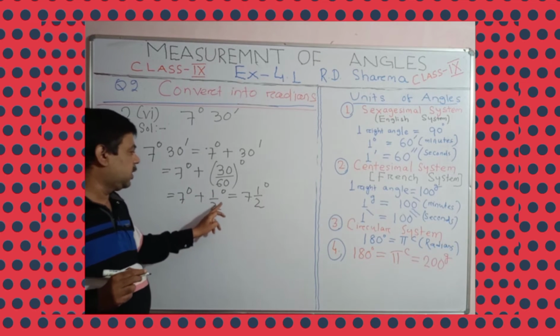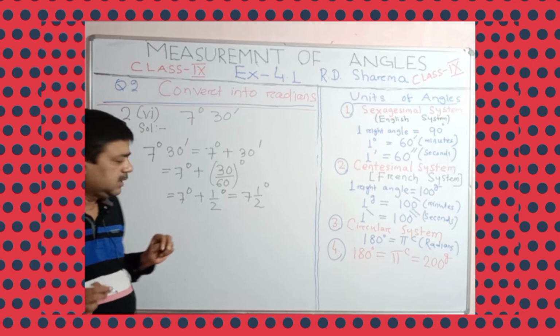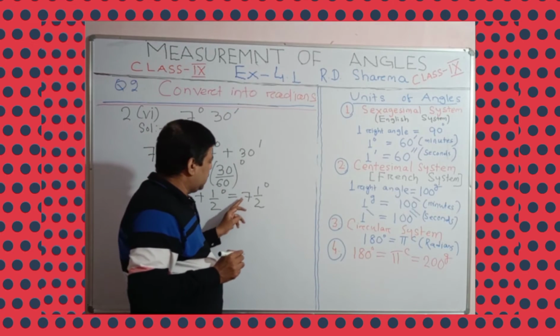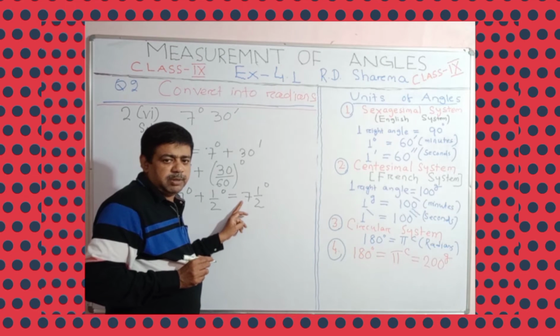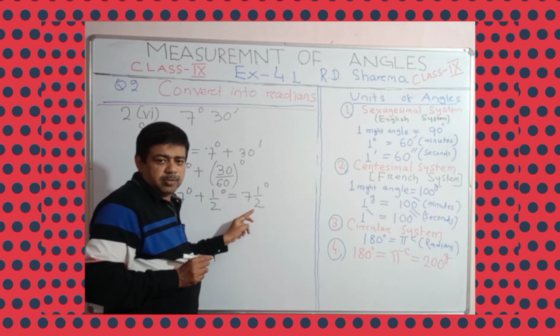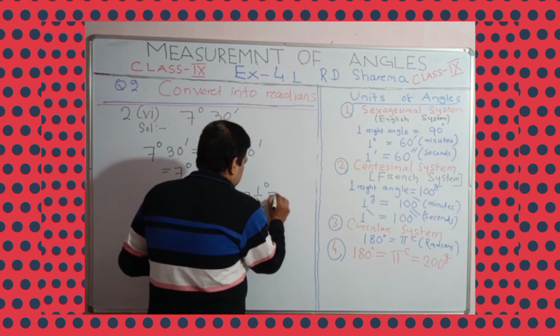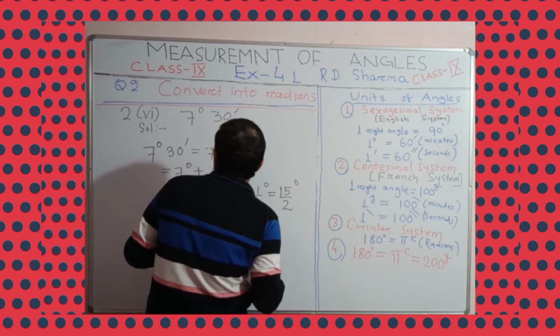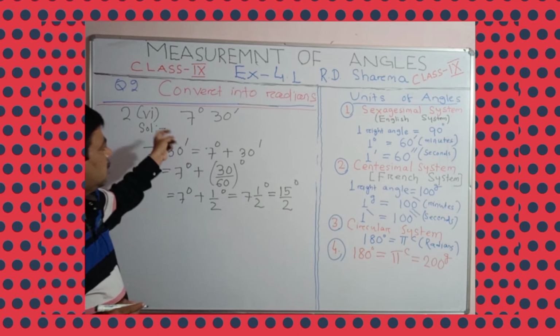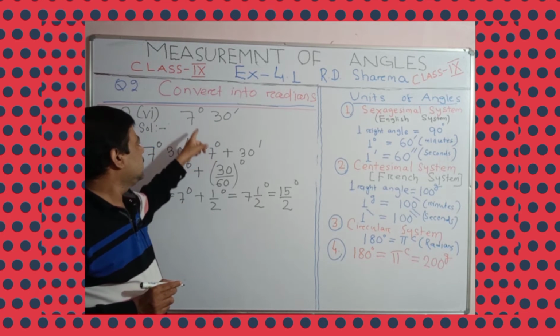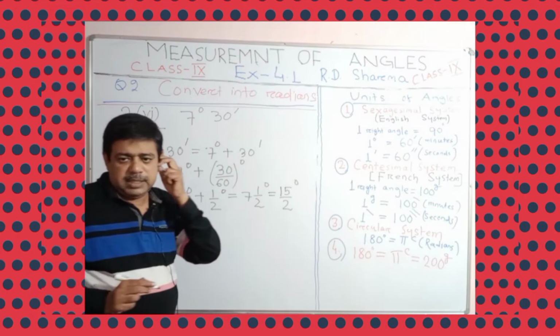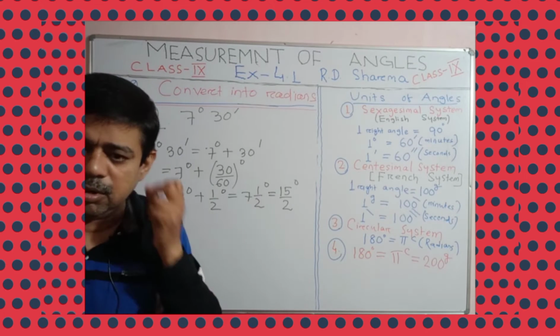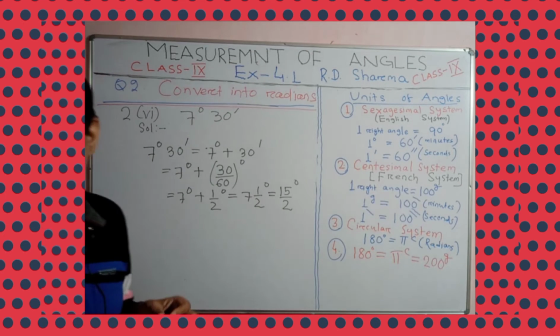7 degree plus 1 by 2 degree means 7 whole 1 by 2 degree, which is a mixed fraction. Convert into improper: 7 twos are 14 plus 1, 15 upon 2 degree. So if the angle is in degree and minute, first of all you have to convert the minute into degree, then finally we get 7 degree 30 minute is equal to 15 upon 2 degree.